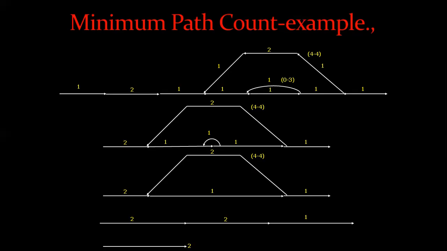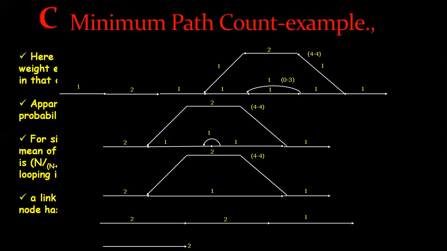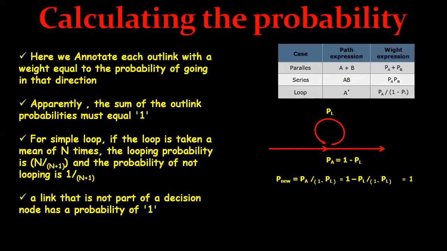Now let us see how we are going to calculate the probability. Rather than the higher probability paths, path selection could be biased towards the low. This raises an interesting question: what is the probability of being after a certain point in a routine?